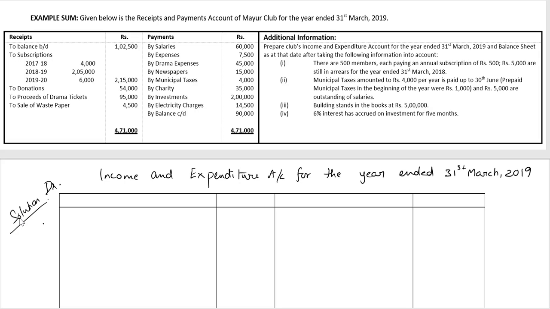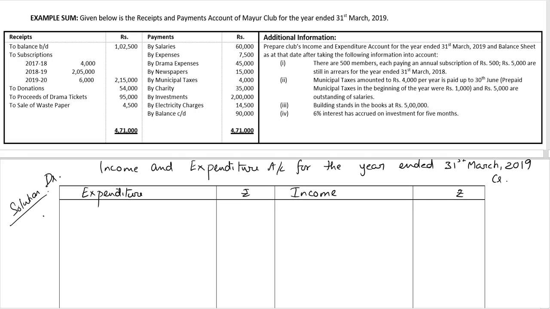Left side debit, right side credit. Expenditure, rupees. Income, rupees. We'll complete the subscription account as well as the municipal taxes account from the working notes.